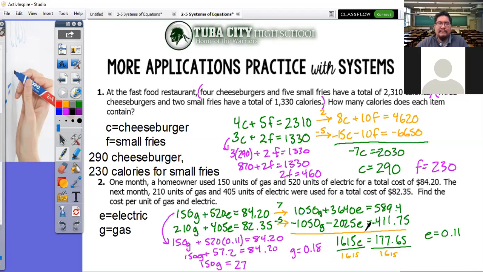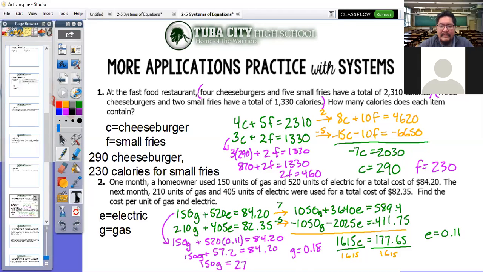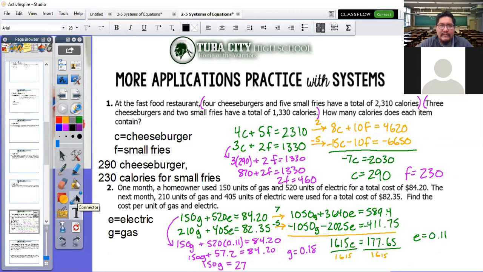And I could check this by plugging it back in. If I plug it back into either of the equations, I should be able to get the whole thing to balance out. But anyway, let's go ahead and put this here. So 11 cents per unit electric, and I probably should be a little bit more descriptive, but I'm going to end up cramming these in there.